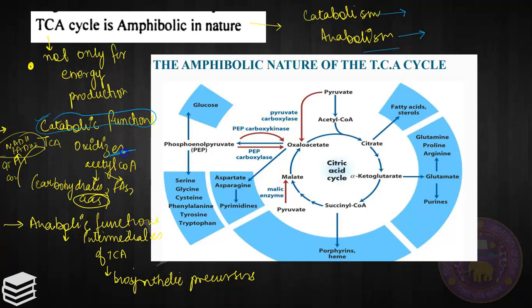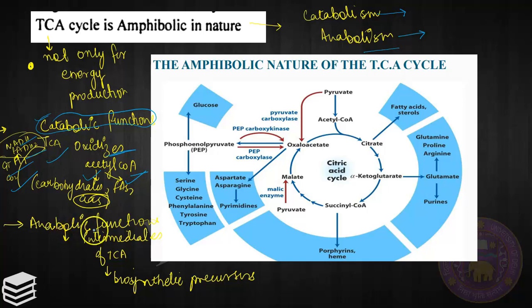Acetyl-CoA is oxidized by the TCA cycle, which generates NADH, FADH2, GTP and two molecules of CO2, and these NADH and FADH2 then enter ETC for the production of ATP. Carbohydrates and fatty acids get converted into acetyl-CoA and are oxidized by the TCA cycle. Amino acids also enter the TCA cycle.